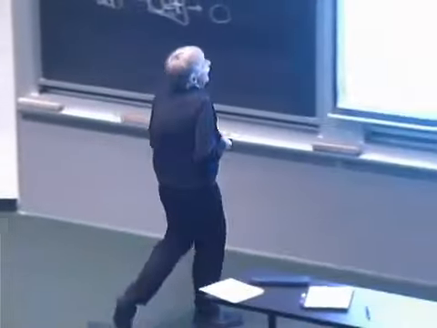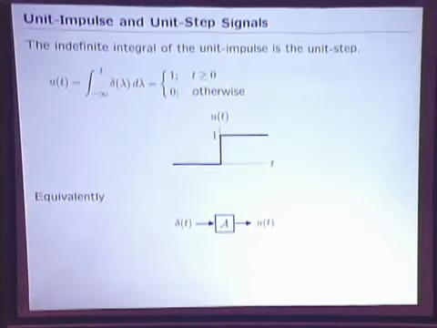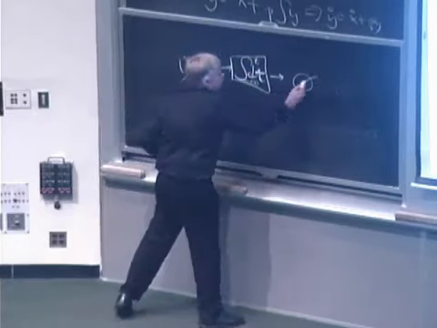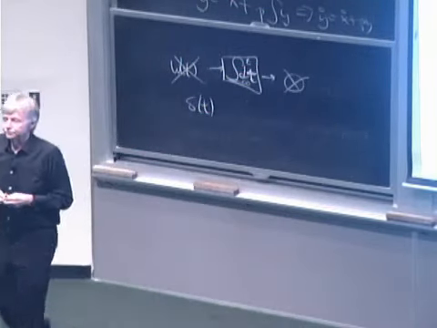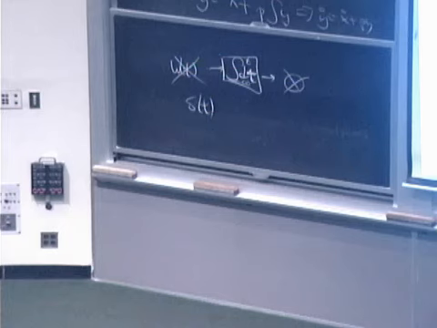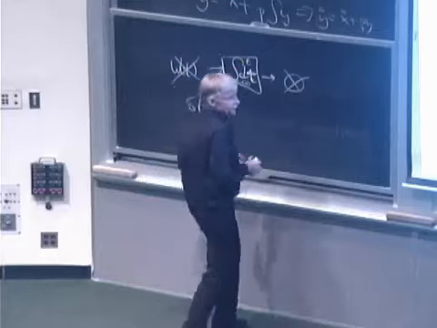Okay. So the first thing to think about is what happens if you put now, instead of W, delta of t, the unit impulse function, into an integrator?